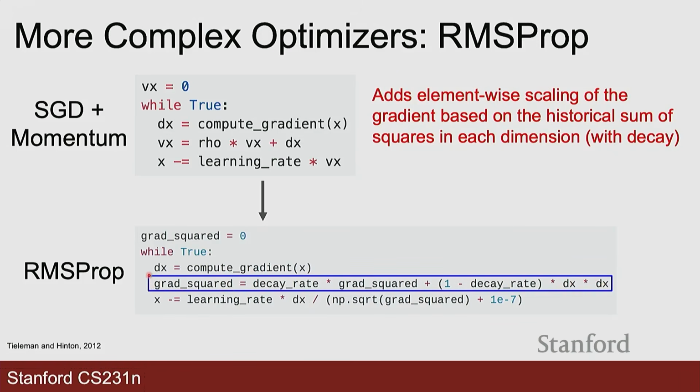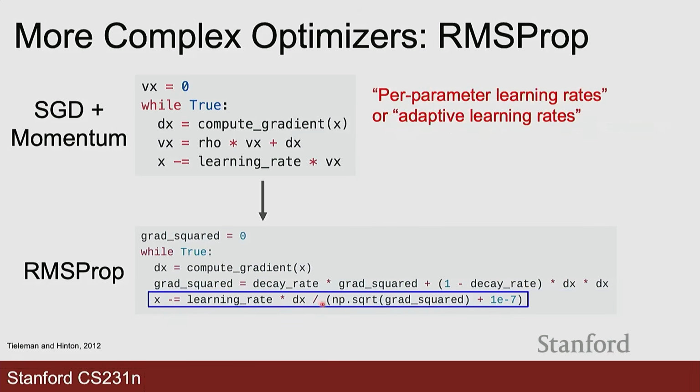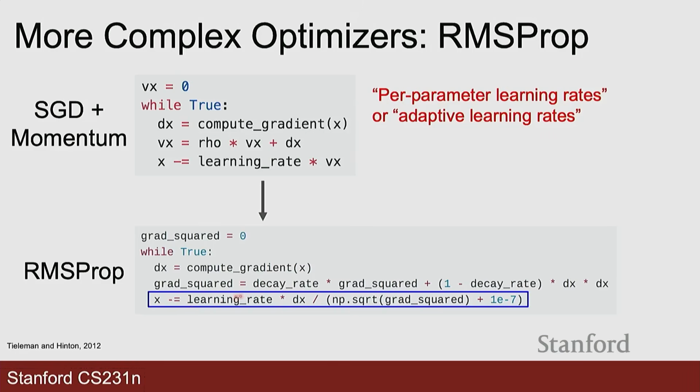So bigger values will get much bigger, smaller values will get much smaller, and if there are consistently large gradients in certain values, those will get very large as we continue our running average. And in the update step, we divide by the square root of it. So the basic idea is we're now changing the way we step. Someone asked earlier, what if we change the direction in which we're stepping? This is exactly the type of thing you can do, and this is what this is doing, where we're dividing by this squared gradient term.